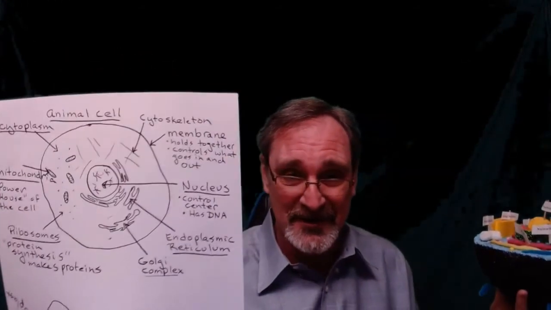Telling you what units need to be in there and using your notes from before, what each of them do. And they have to be made like this and labeled and stuff like that. You can use the materials that you have available, or you can go and buy some styrofoam or whatever it is.